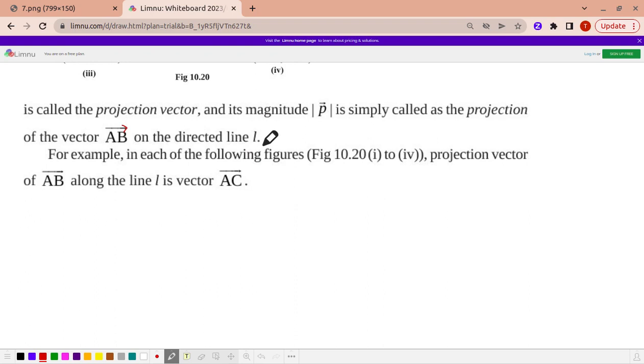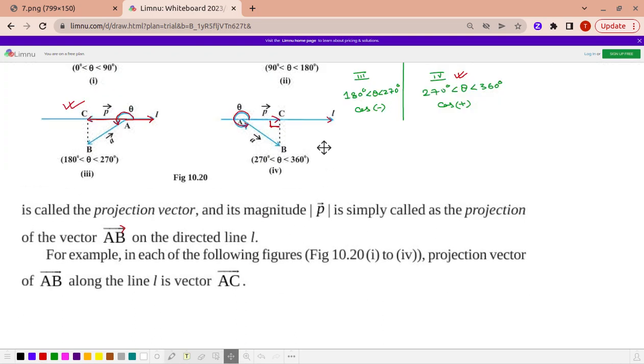For example, in each of the following figures, the projection vector of AB along the line L is the vector AC, if you look at the diagram here.